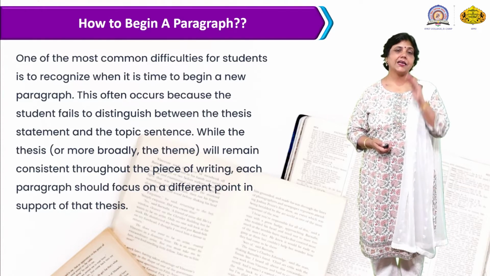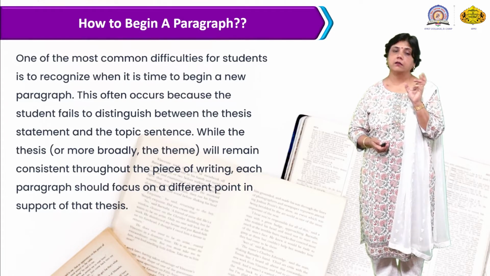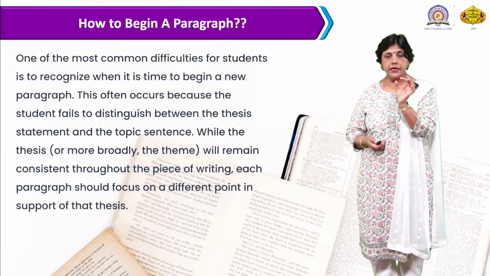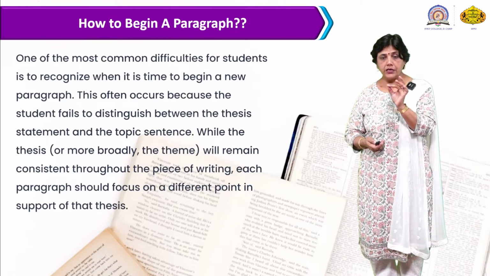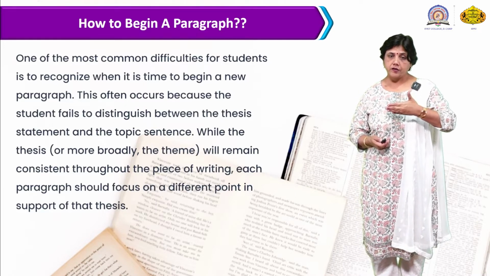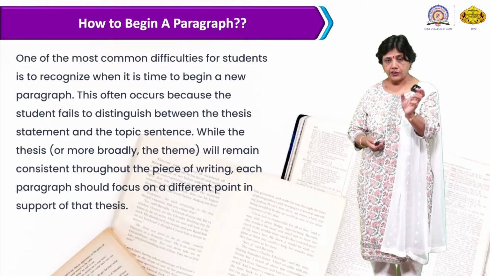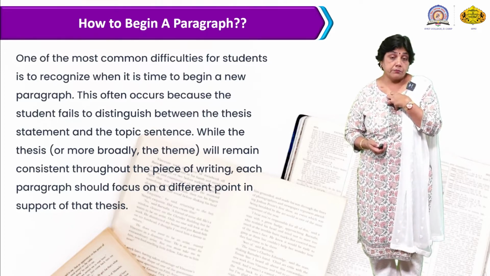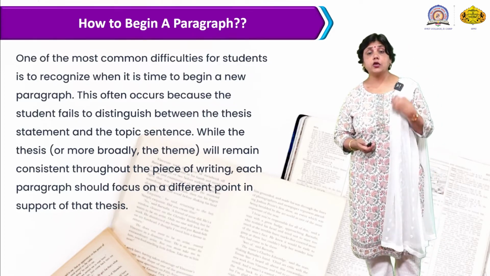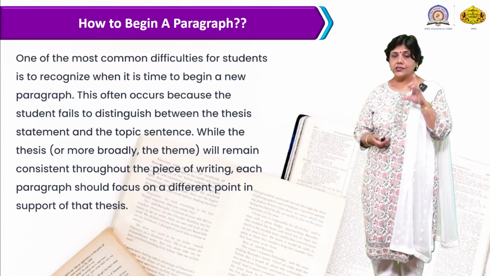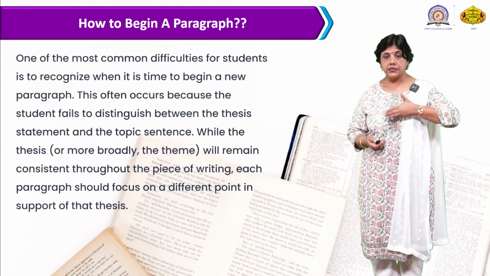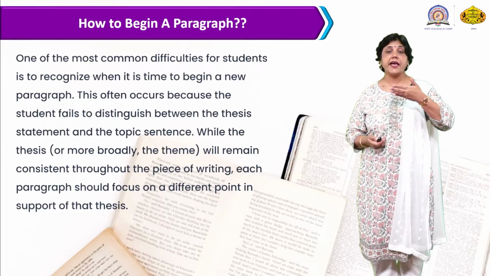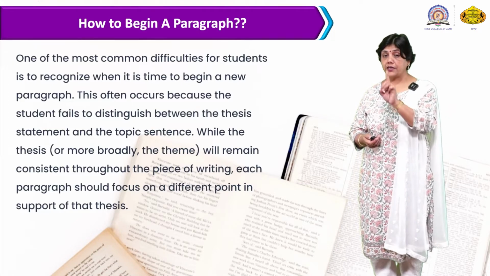Suppose I take a topic, mother. So for that topic, mother, you need to have 2-3 paragraphs. First, it can be mother as general, then it can be about my mother, or it can be the routine of my mother. So thesis will remain about the mother, but different paragraphs have to have different topic sentences.